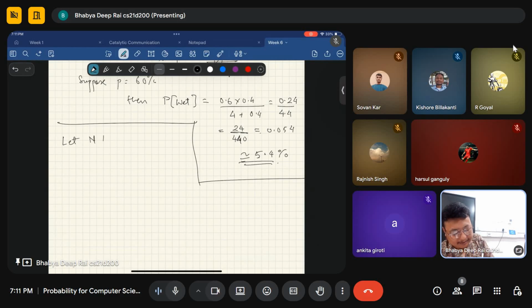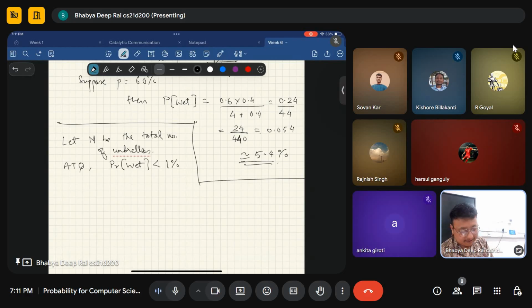So let n be the total number of umbrellas. According to the question, the probability of getting wet needs to be less than 1%, right?